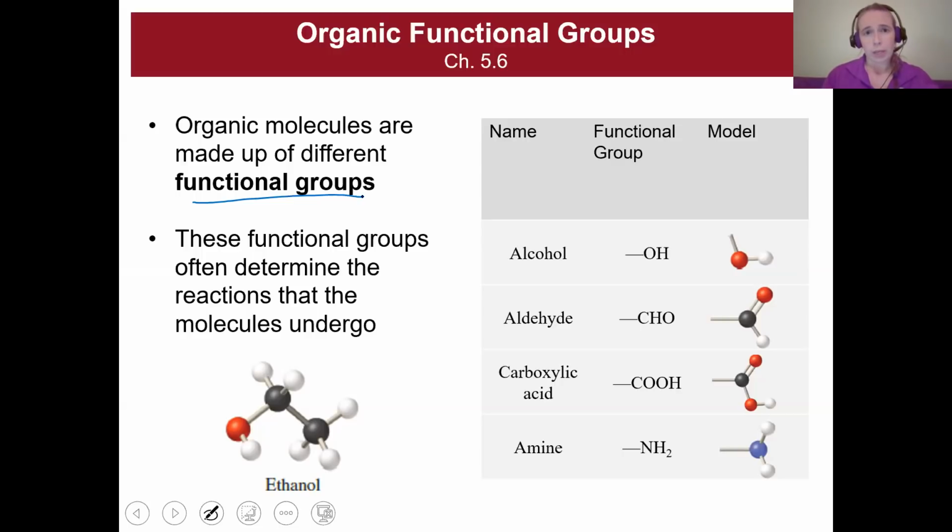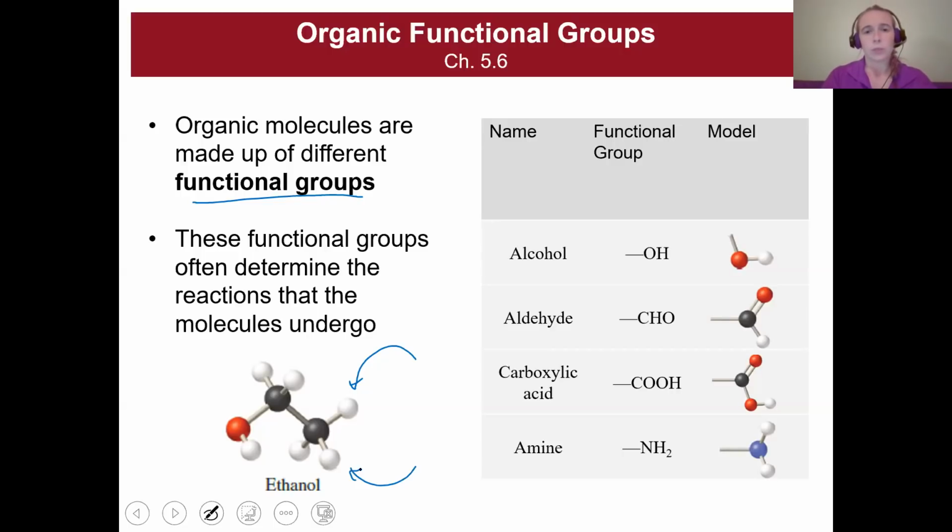If you went on to organic chemistry, you'd learn about how different functional groups are involved in different reaction mechanisms, where we can basically track all of the different steps of a reaction, atom to atom, electron to electron detail. You don't need to know that in general chemistry, but we can do that. You will learn how to do that if you go on to organic chemistry. And those reaction mechanisms are all based on functional groups.